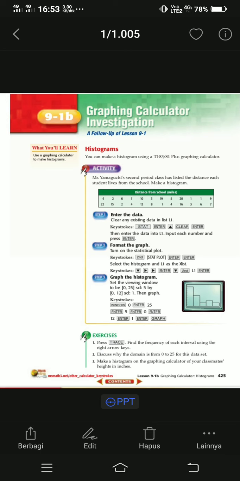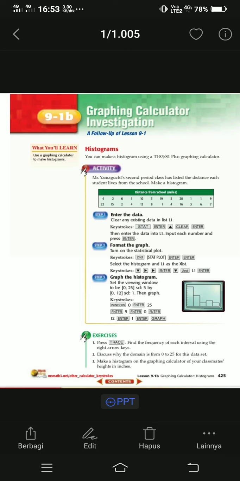Now the next exercises. Number 1. Press Trace. Find the frequency of each interval using the right arrow key. Number 2. Discuss why the domain is from 0 to 25 for this dataset.